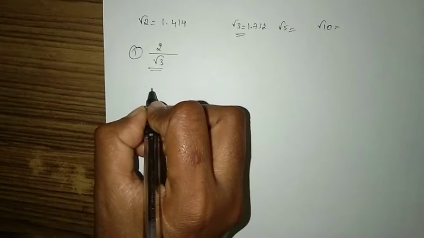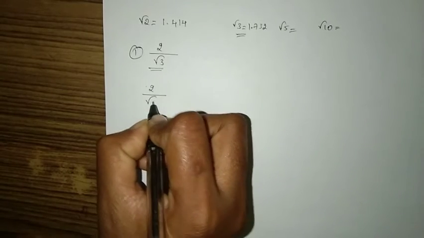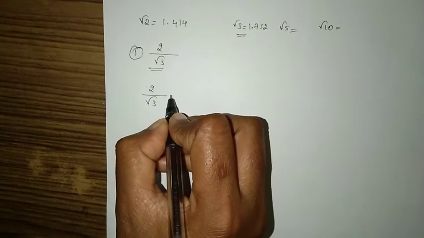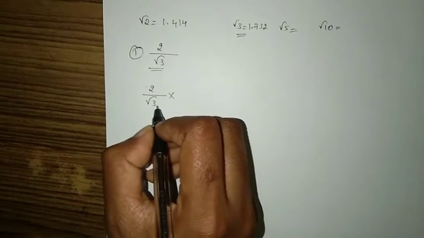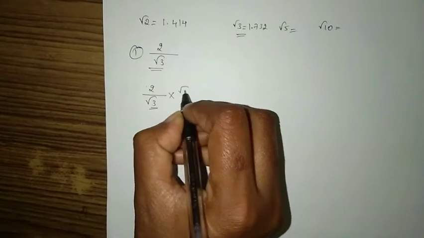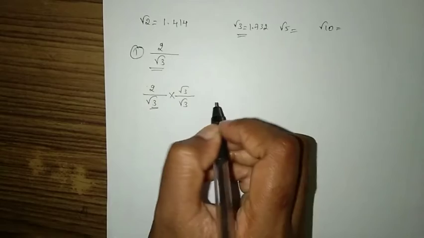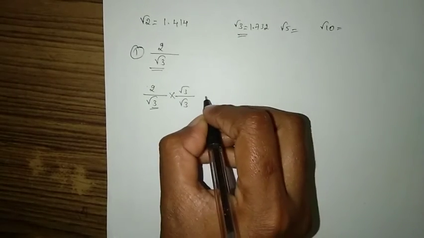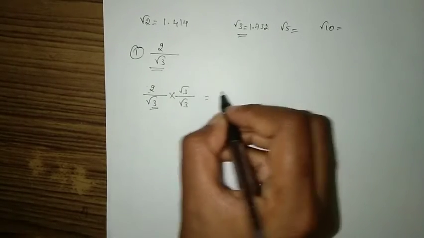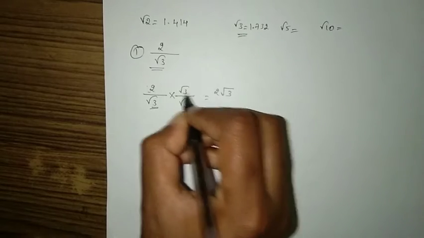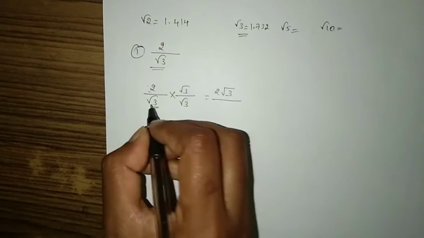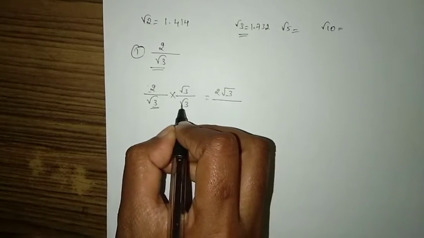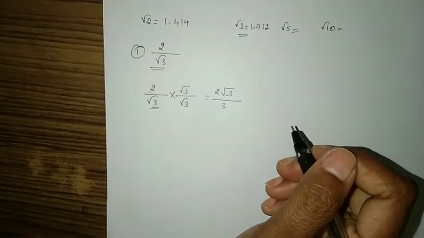So what we have to do is, 2 divided by root 3, we know that we have to multiply by this term, right? In the numerator and in the denominator. So what we get is 2 into root 3, right? Divided by root 3 into root 3, which becomes 3.